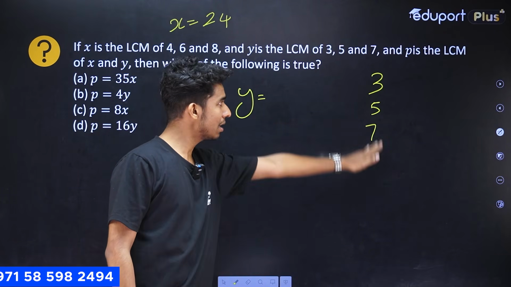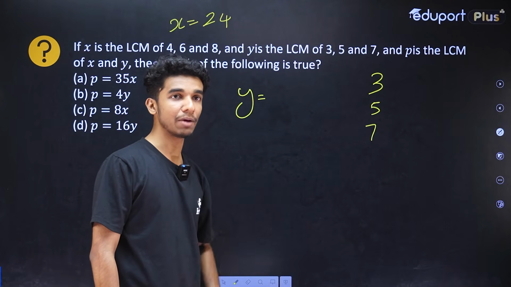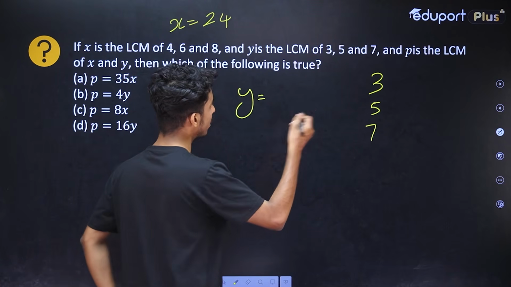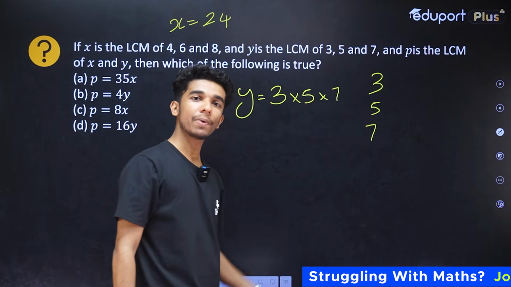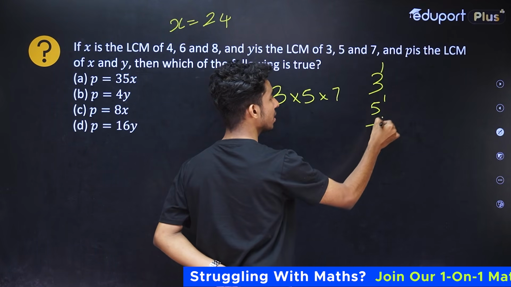To find the LCM we have to take all the numbers, 3 into 5 into 7. We have to take all the primes and their maximum power is 1.